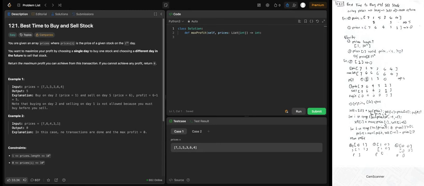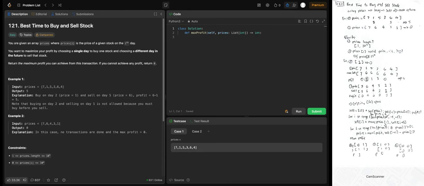Profit 0, and then if we buy on the second day, we can sell it at 6, so we get 5. If we buy on day 3 at 5, sell it at 6, profit of 1. Then day 4, we could sell it for 6 again, make a profit of 3. At day 5, we won't make any profit, and then day 6, we don't even need to consider because there is no time to sell.